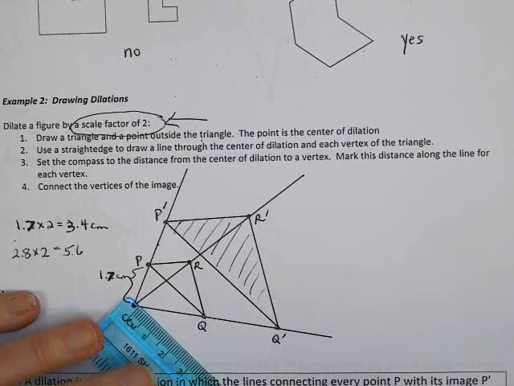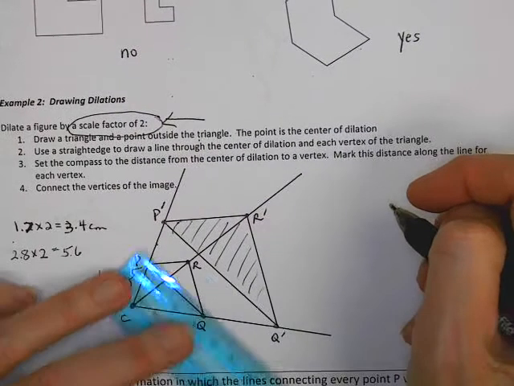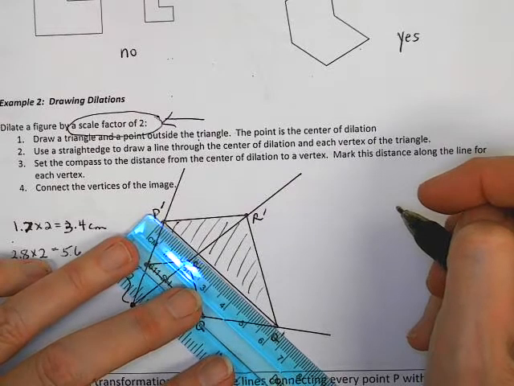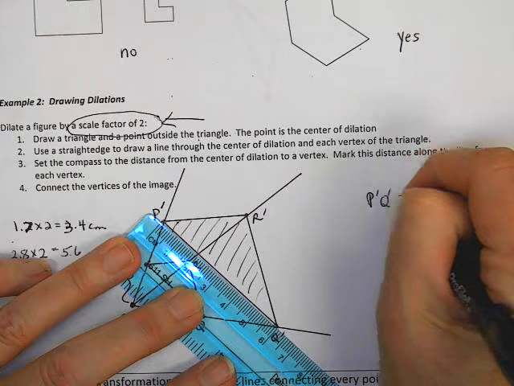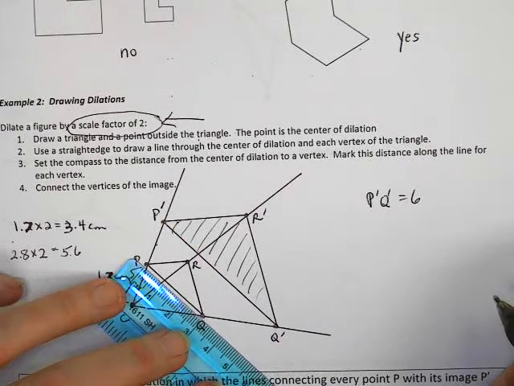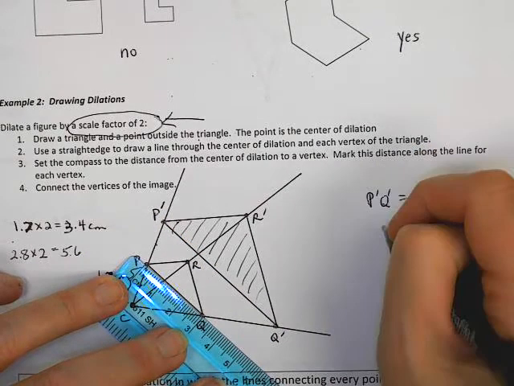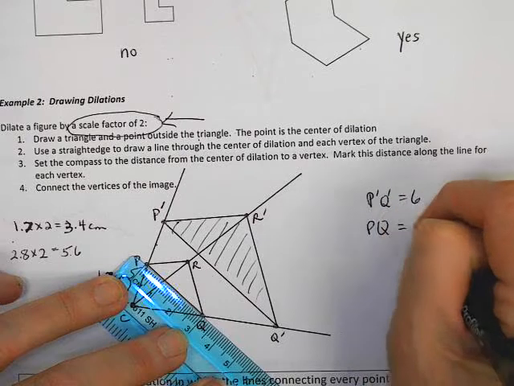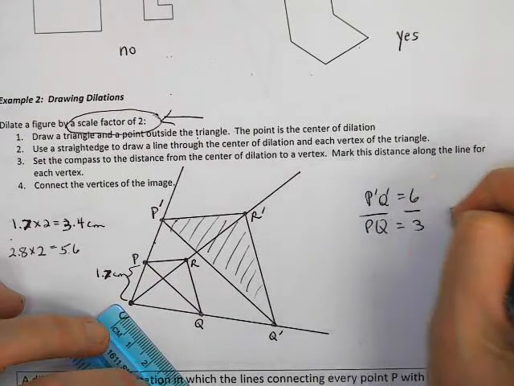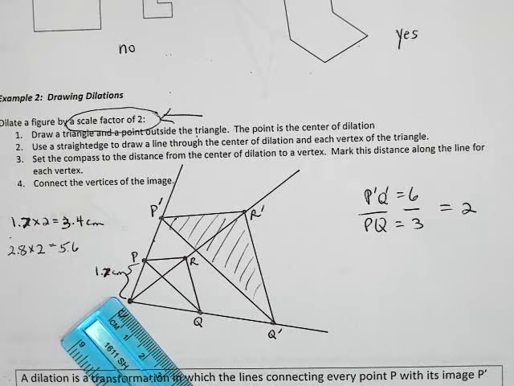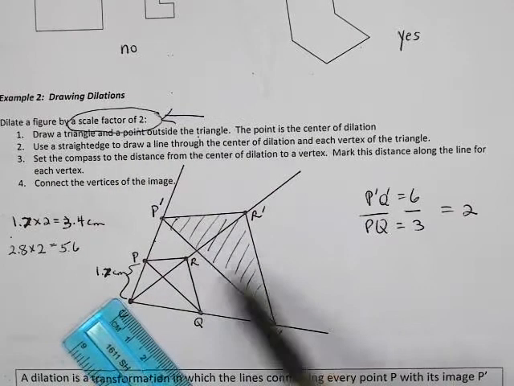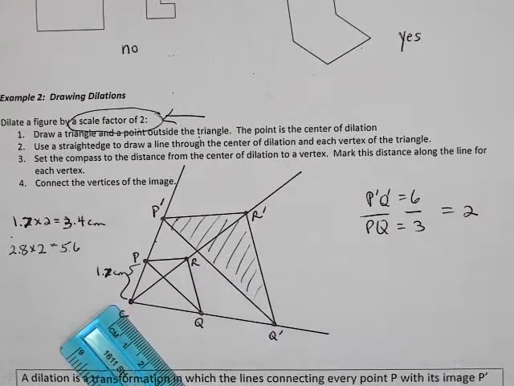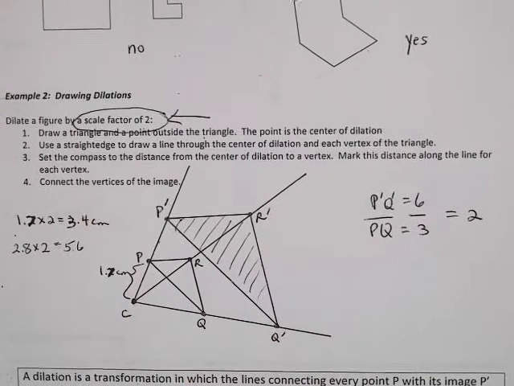For example, let's calculate P prime Q prime. P prime Q prime is about 6, and PQ here looks to be about 3. So that ratio would be 2, which is good because that's what my scale factor is. I should be able to do that with any pair of sides. My scale factor should come out to be 2. All right, so that's how we draw it.